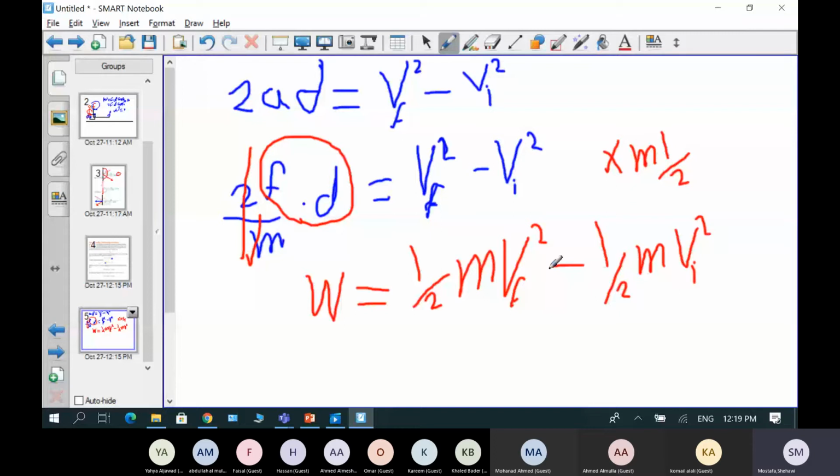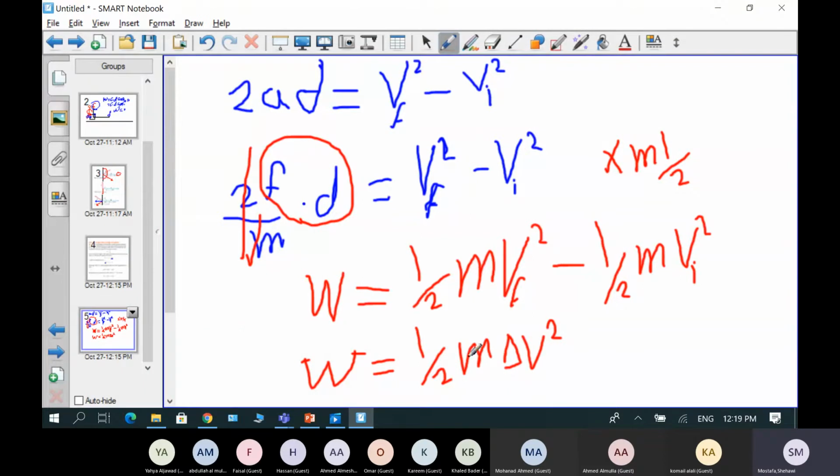I can take half m as a common factor, so work done will equal half m multiplied by delta v squared, where delta v is v final minus v initial. Okay, guys, delta v squared.